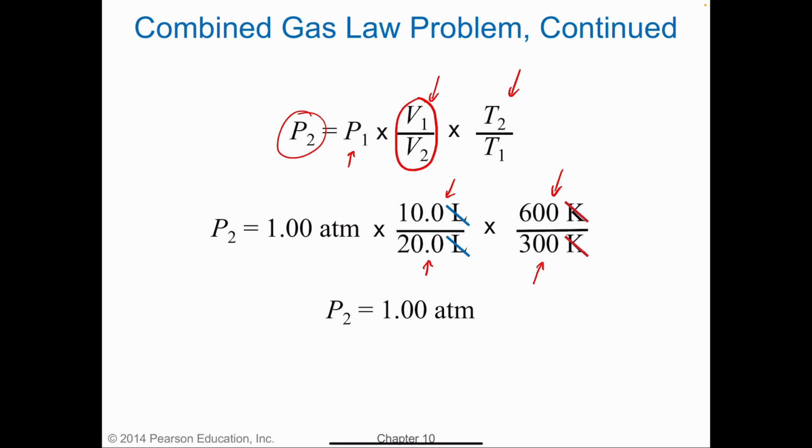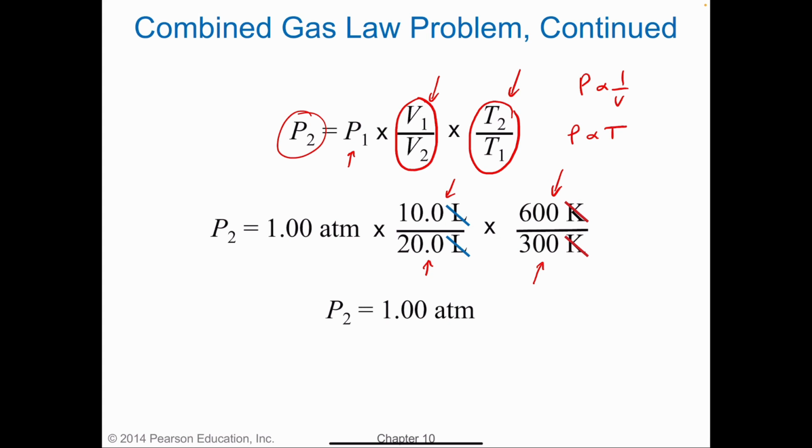But for the temperatures, T1 is on the bottom and T2 is on top. That has to do with the fact that pressure and volume are inversely proportional, but pressure and temperature are directly proportional. It's just something to notice.